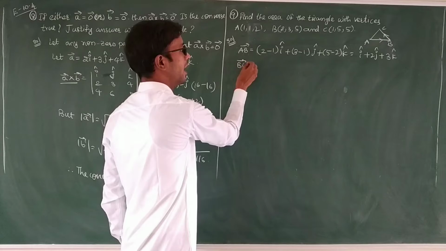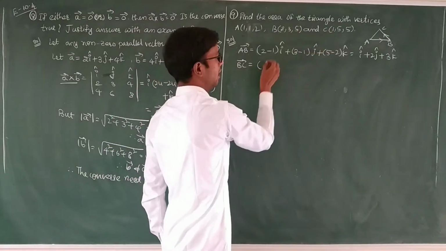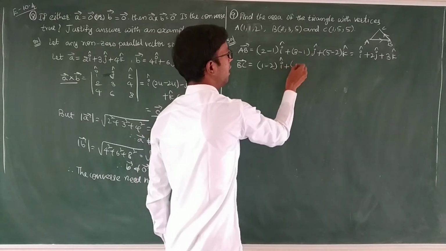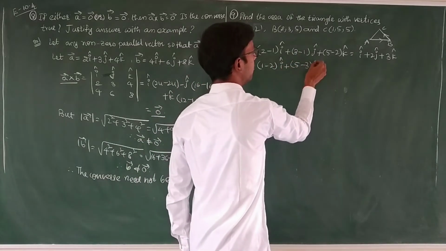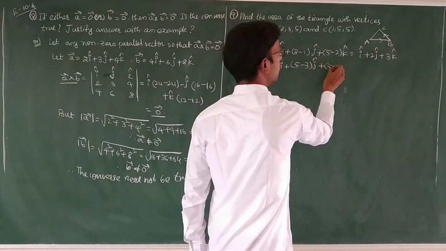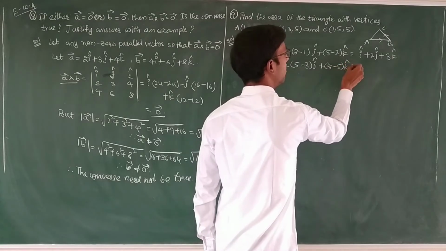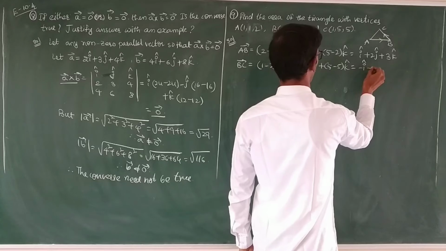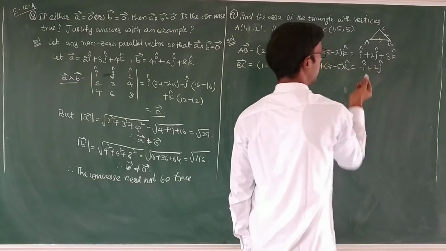Next, I find the BC vector: x2 minus x1, y2 minus y1, z2 minus z1 K cap. So that equals minus I cap plus 2 J cap plus 0 K cap.